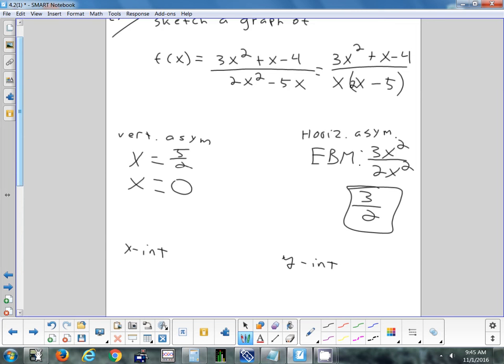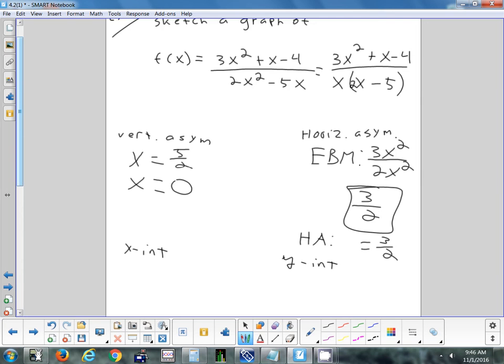And now let x get really, really big in that fraction I just put a box around. And that'll tell me my horizontal asymptote. Okay, what happens as you let x get really, really big? What does that fraction approach? Yeah, Adrian? Nope, it doesn't approach infinity. It just stays the same. There is no x, so it just stays the same.